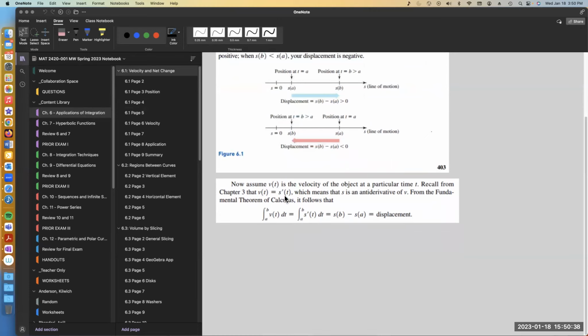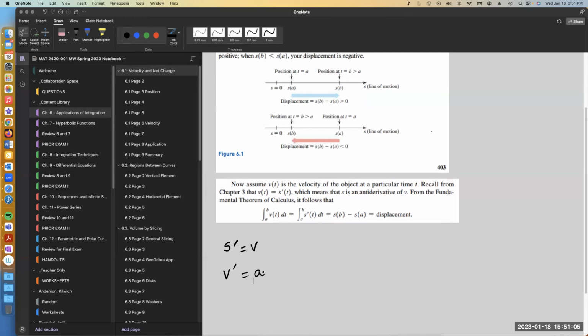We need to know that velocity is the derivative of position, so S prime is going to be V. We also are going to need to know that V prime is equal to acceleration. So those are two basic facts that you've seen before.